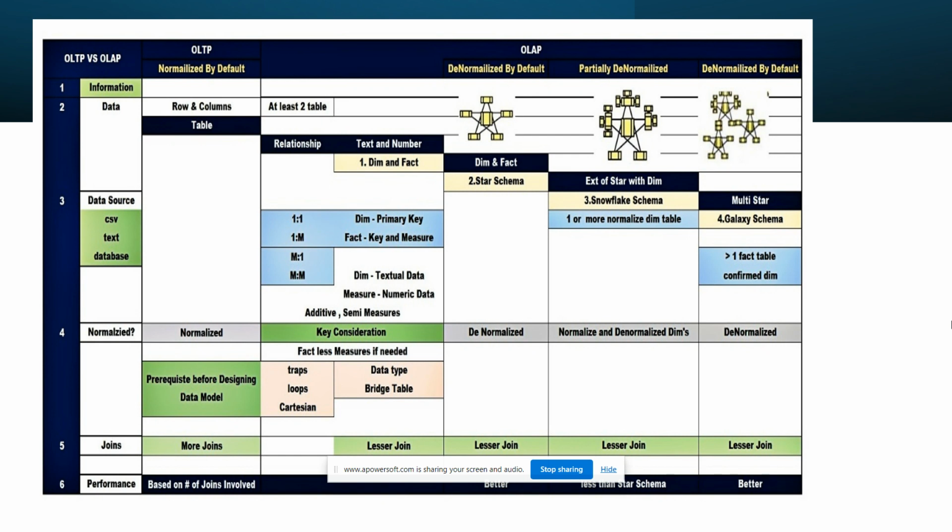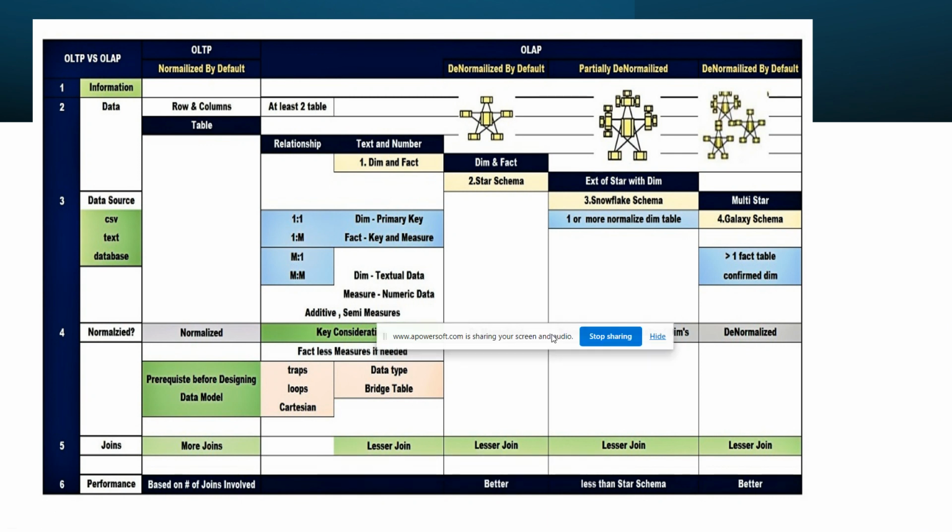If you look at joins, OLTP has more joins with a normalized model. From a dimensional model, there are always fewer joins because all your dimensions point to the fact table. With regard to performance, it depends on the number of joins, how far the join goes.